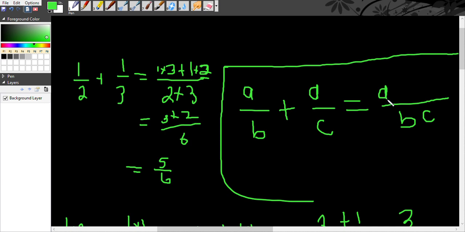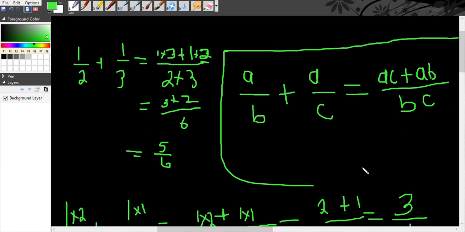multiply the numerator of the first fraction by the denominator of the second. We bring the sign as it is. If it was subtraction, we would subtract, but if addition, we would add, and multiply the numerator of the second by the denominator of the first, which is that.